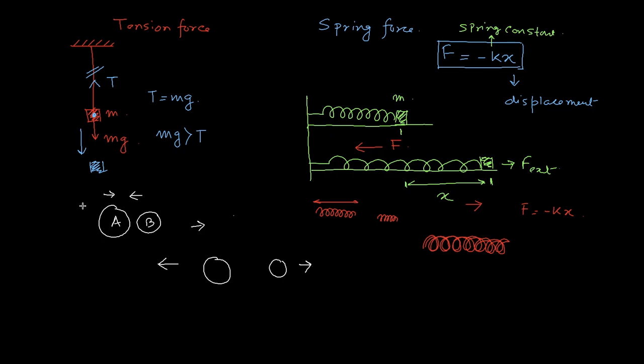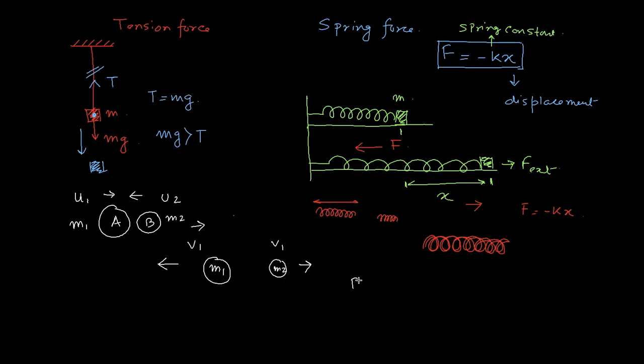If they have velocities u1 and u2, and after collision the velocities become v1 and v2, with masses m1 and m2 that cannot change, then the momentum before collision is equal to the momentum after collision.